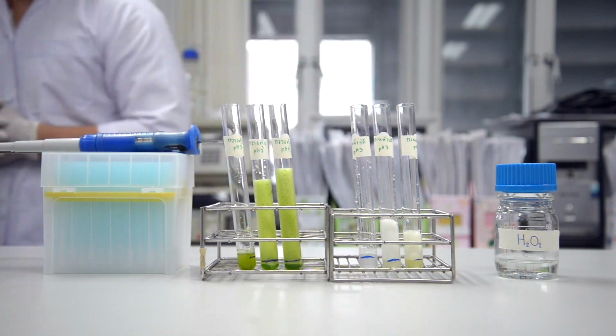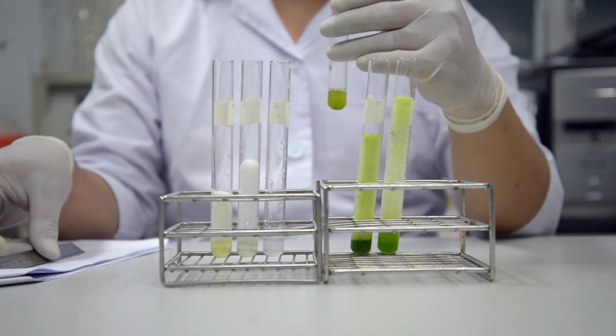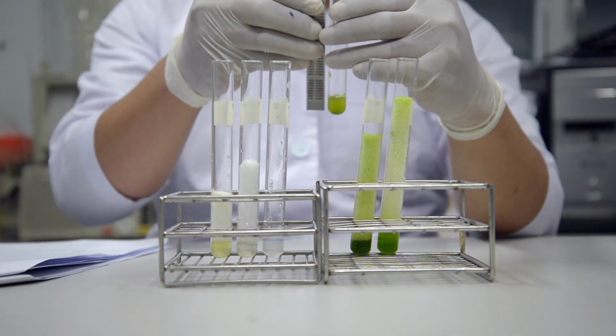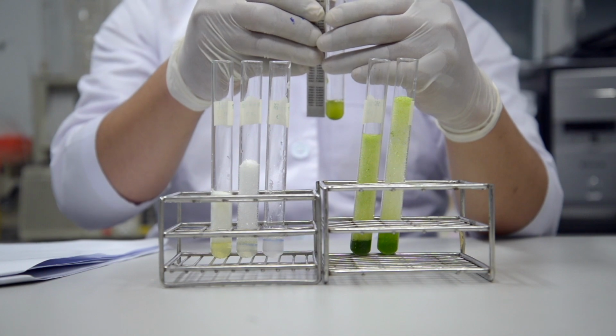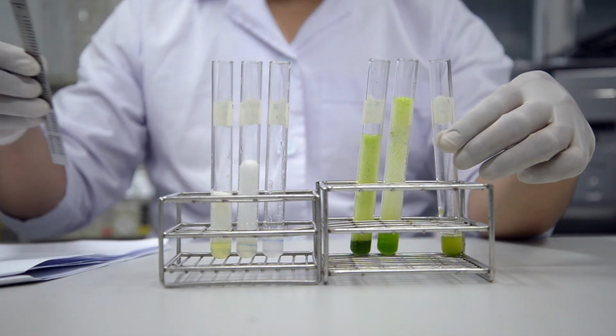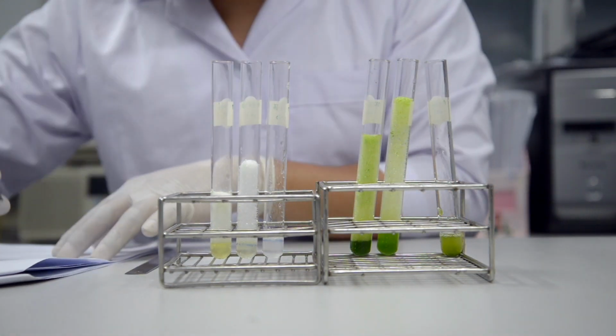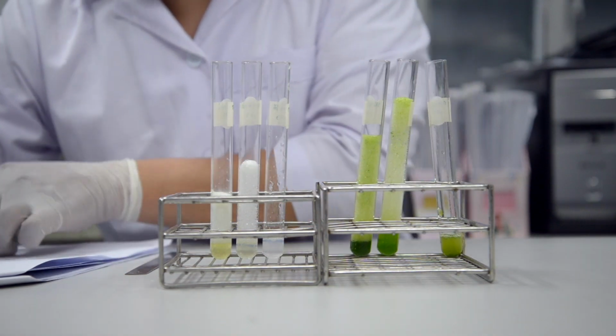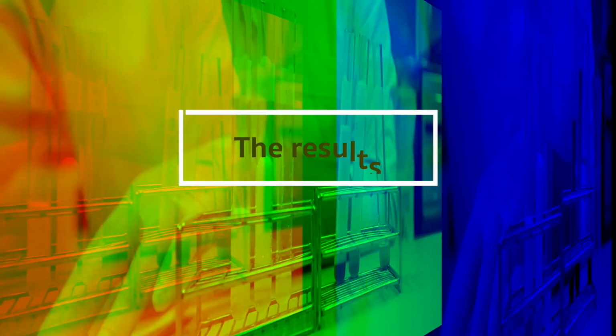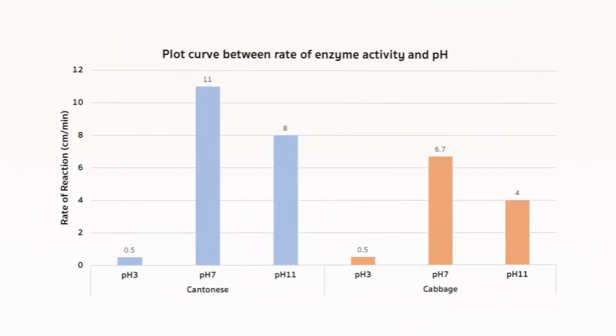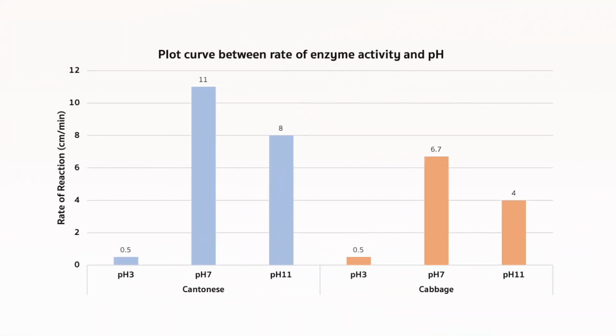After 1 minute, air bubbles will appear in each reaction tube. Record the final height of the air bubbles in each tube. From the recorded results, plot a graph that shows the relation between the rate of enzyme activity and pH.